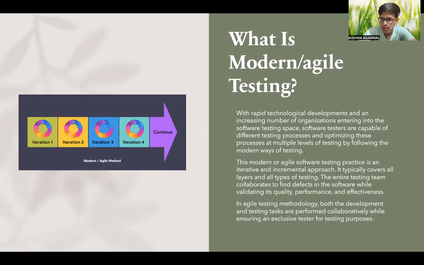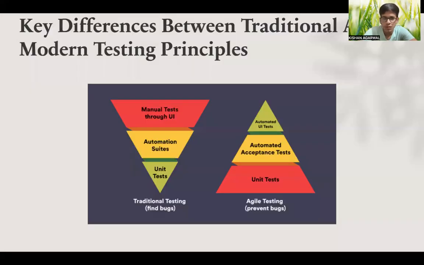The entire testing team collaborates to find defects in the software while validating its quality, performance, and effectiveness. In agile testing methodology, both development and testing tasks are performed collaboratively while ensuring an exclusive tester for testing purposes.